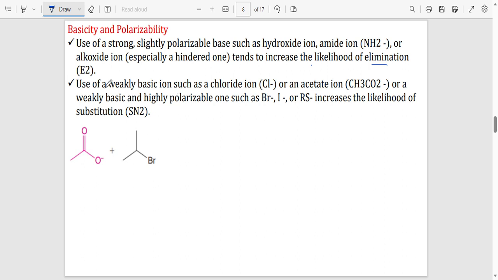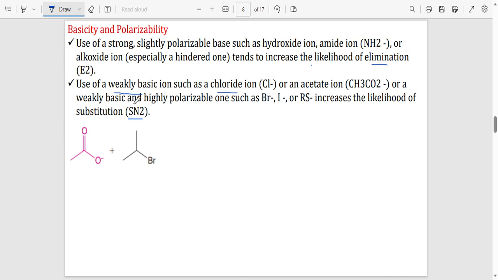But if you talk about the acetate that we've used in this example, what is going to happen? This one is weakly basic. Other examples you can talk about are chloride ions, apart from the acetate. These are weak ones, so these increase the likelihood of SN2. Weak bases like chloride and acetate are going to increase SN2.